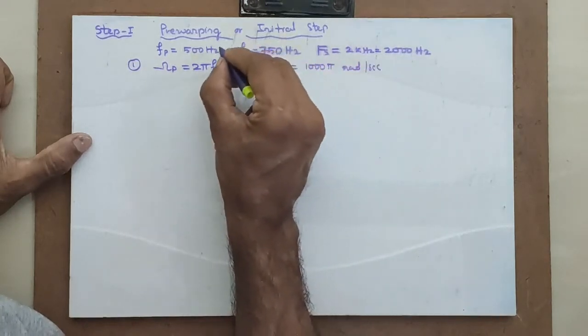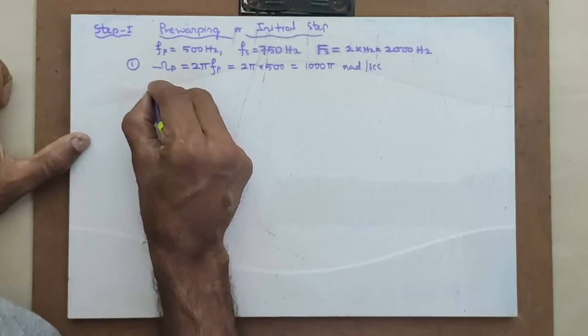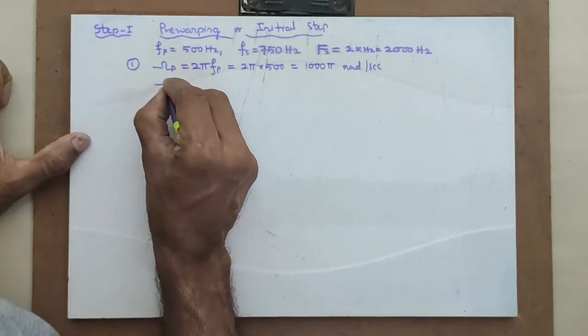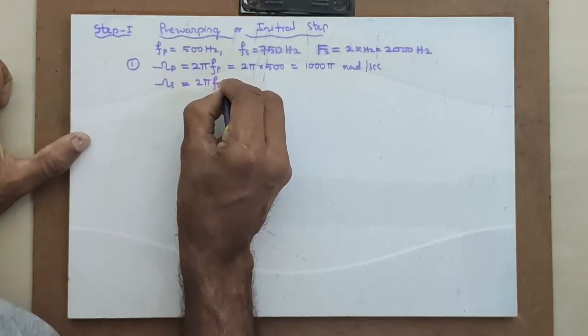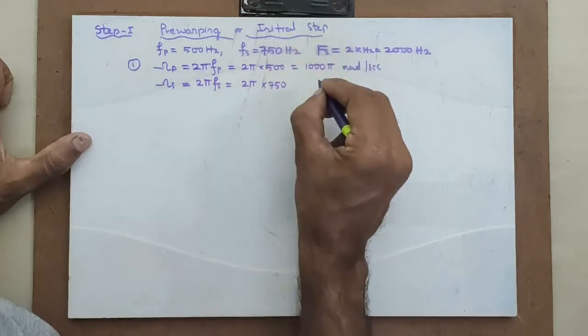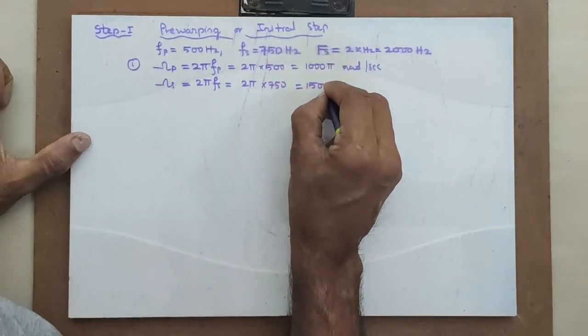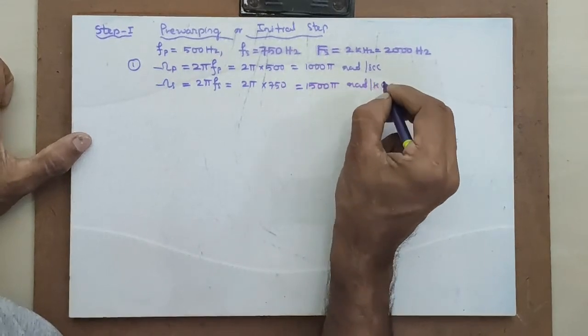Hertz was given, you have converted into radians per second. Similarly omega s is 2 pi fs, that is 2 pi into 750, which becomes 1500 pi radians per second.